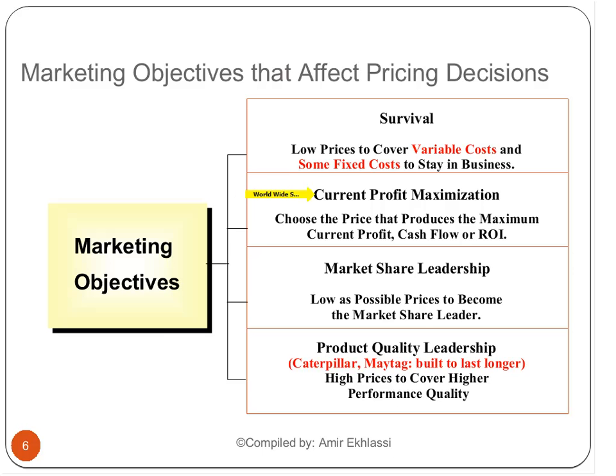You are not in a crisis or bad situation; you recognize you must maximize your profit. You must find the price that maximizes your current profit, and also cash flow or ROI, return on investment.